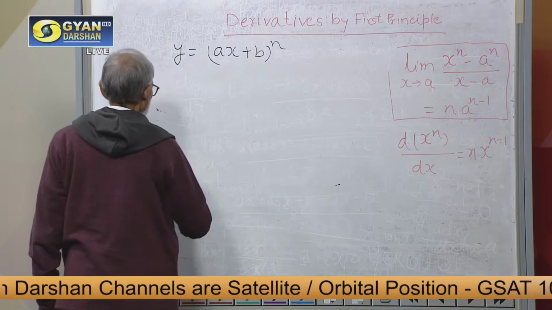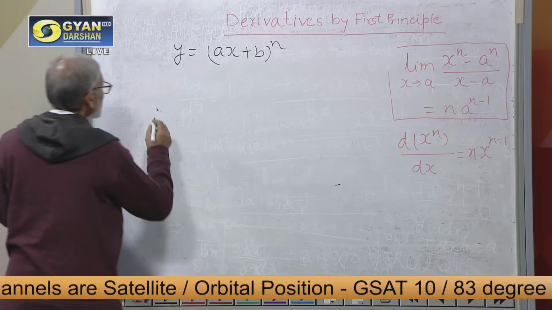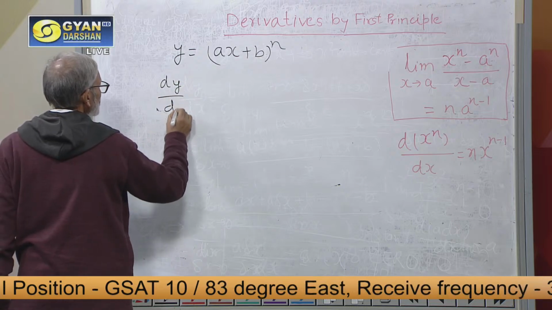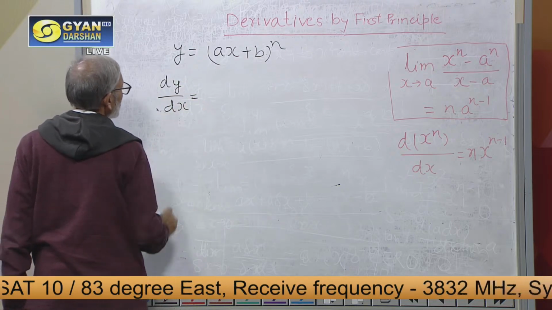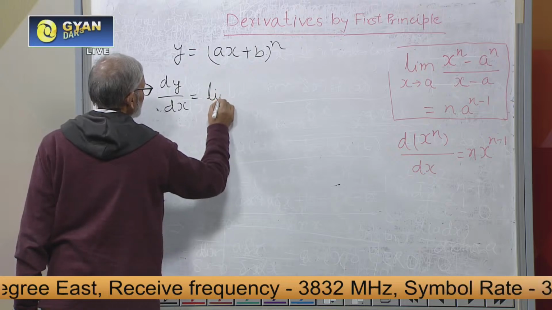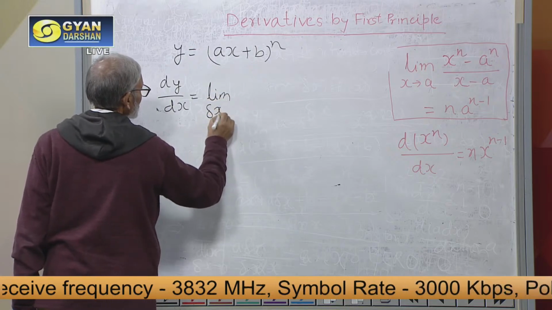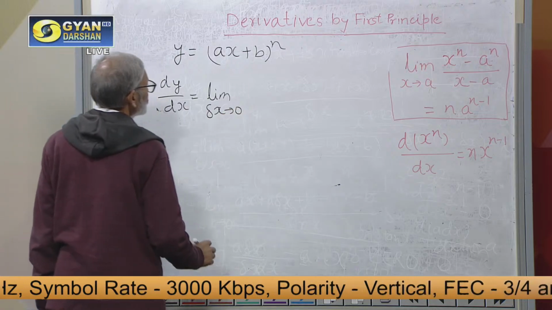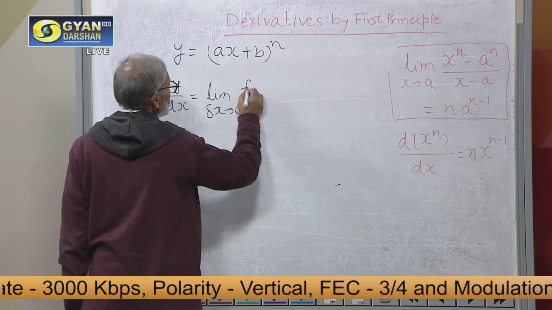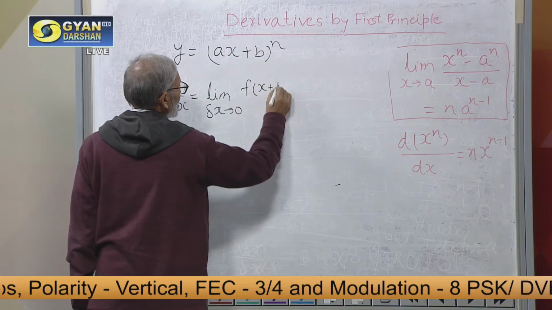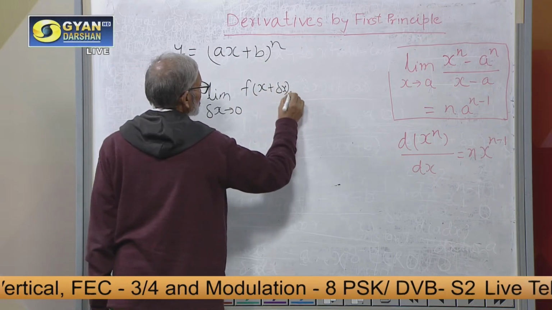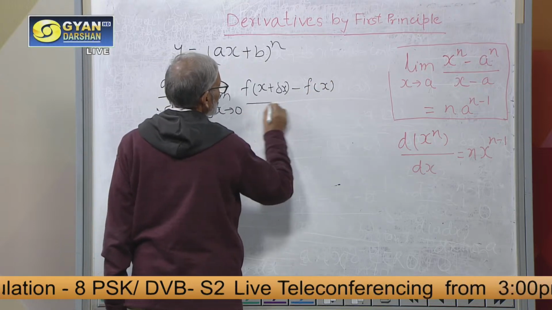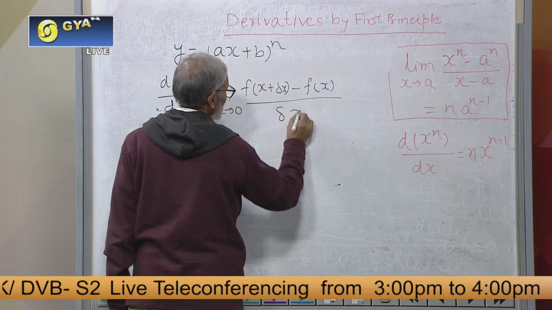So, if I have to find it out by first principle, it will be dy by dx equals limit delta x tends to 0 of f(x plus delta x) minus f(x), divided by delta x.